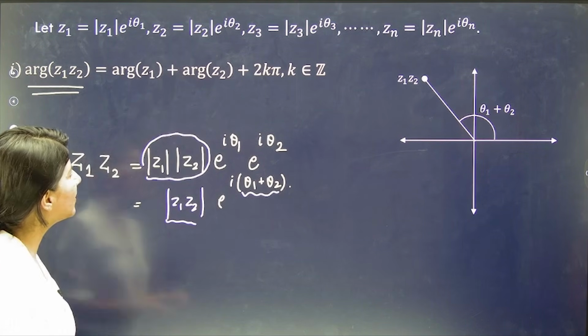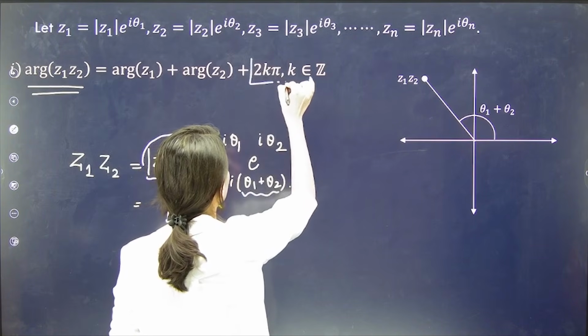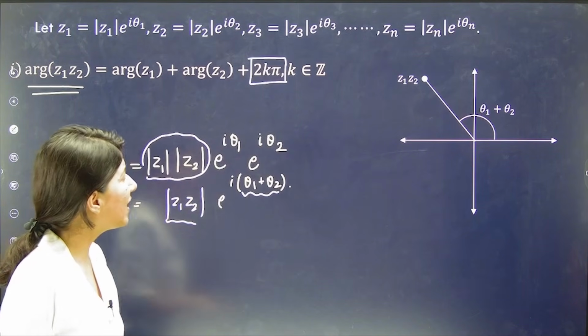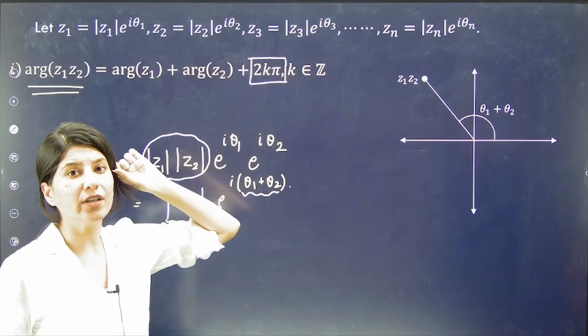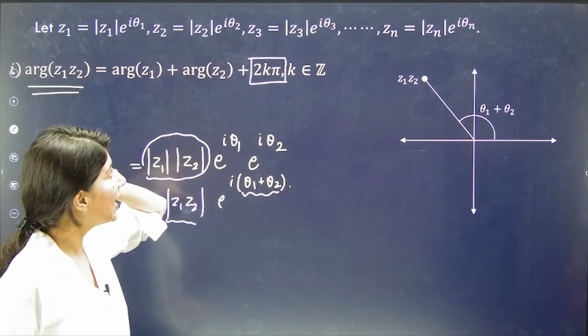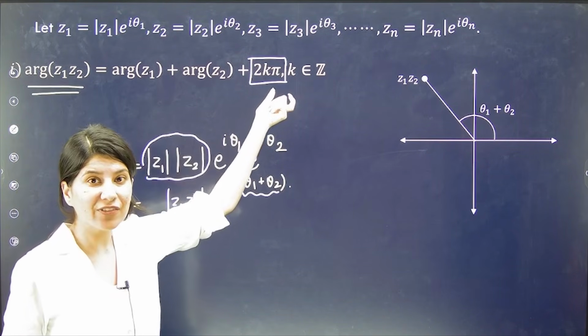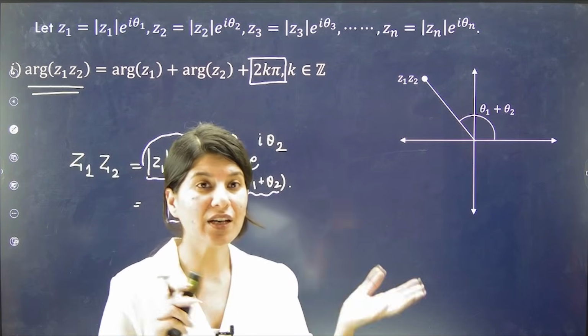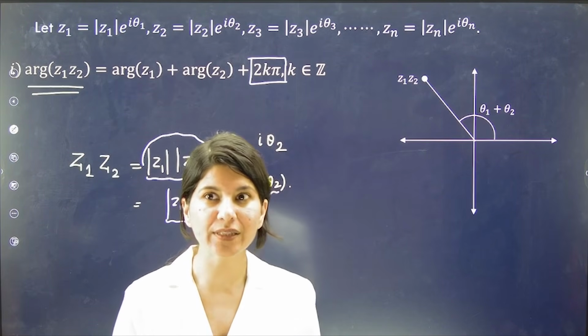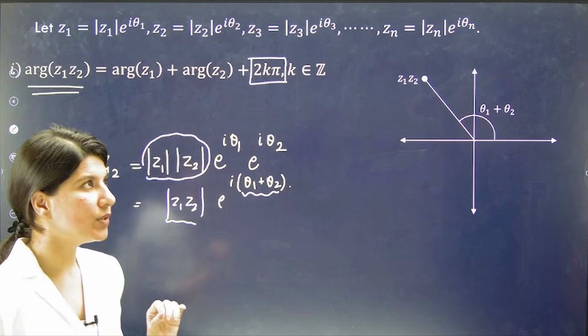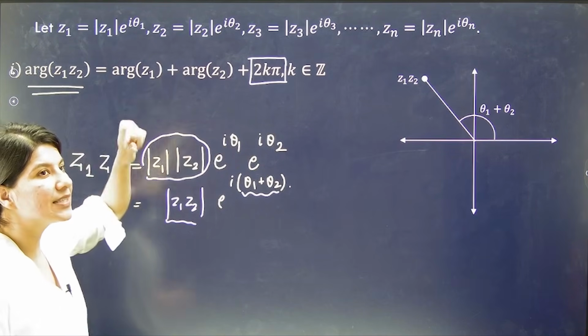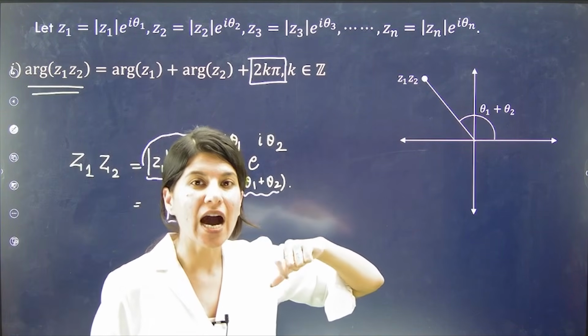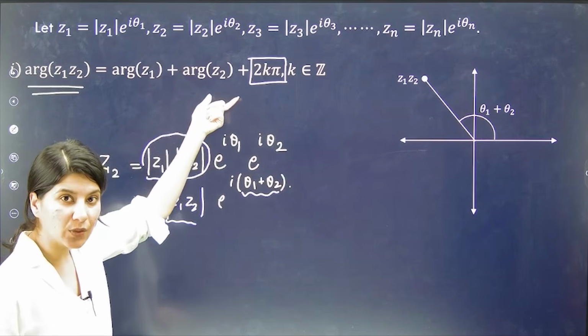Now you must be wondering, ma'am, but hold on, what is this 2k pi? We have added this 2k pi to account for the fact that argument has a specific range. Remember, argument can only lie between minus pi to plus pi. Suppose the argument of Z1 is 120 degree and the argument of Z2 is also 120 degree.